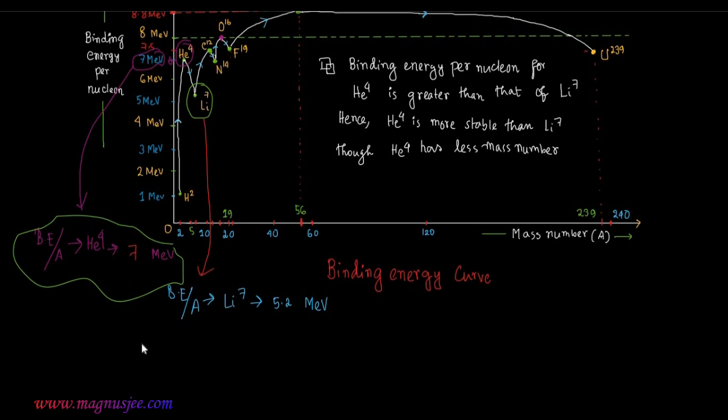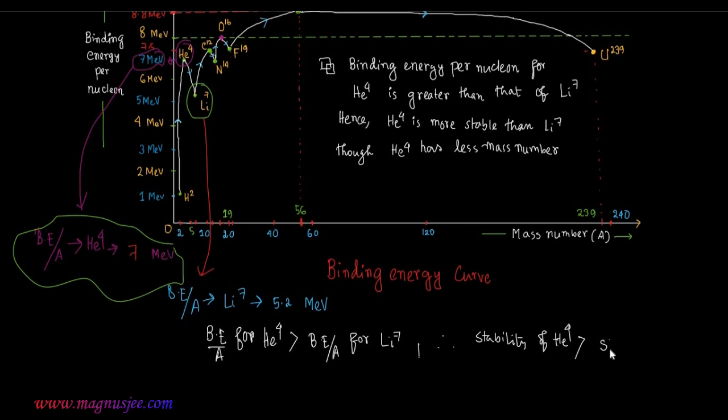That's why though helium has lesser mass number, helium is more stable than lithium. Therefore, the stability of He4 will be greater than the stability of lithium 7.